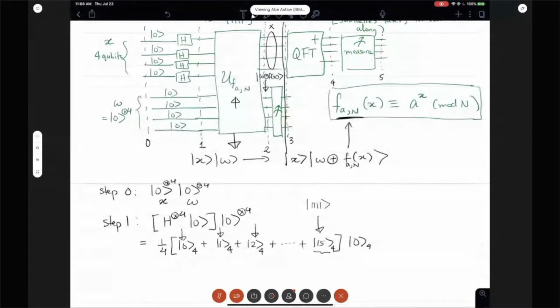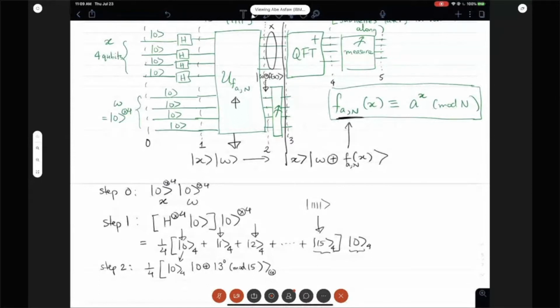Step 2, now we go through the box. What does the box do? I'm just going to write down exactly what we defined it does. It's 1/4, 0, so that's this first term. And then remember, we have this 0 out here, 0 XOR 13 to the power of 0 modulo 15, which is what's contained inside this first qubit.